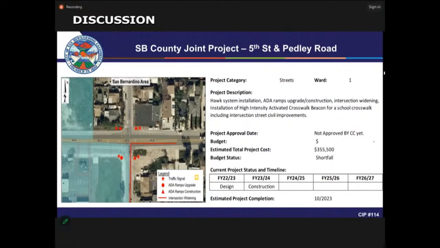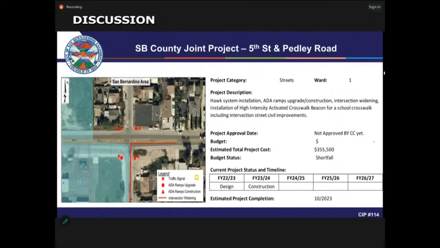The project total estimated cost is $355,000, and there's no budget for it. Again, it's the SB1 funding and gas tax funding. The project is at 95% design completion, and the estimated project completion date is October 2023.